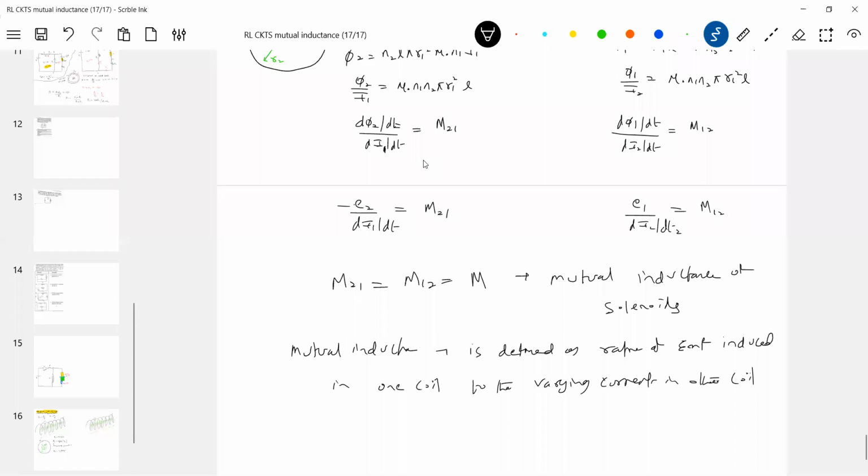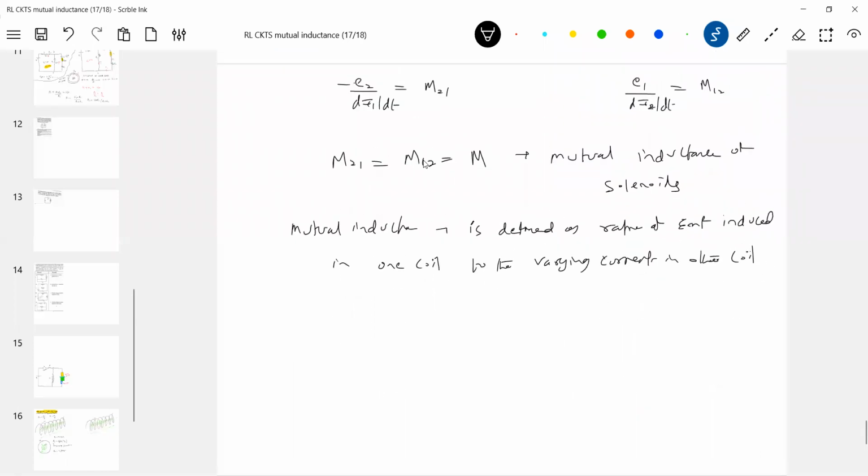So there are two coils: E2 by di1 by dt, or E1 by di2 by dt. Like this, we define a quantity called mutual inductance. What should be the unit for this? Henry only, similar to self-inductance. So like this, we introduce mutual inductance.